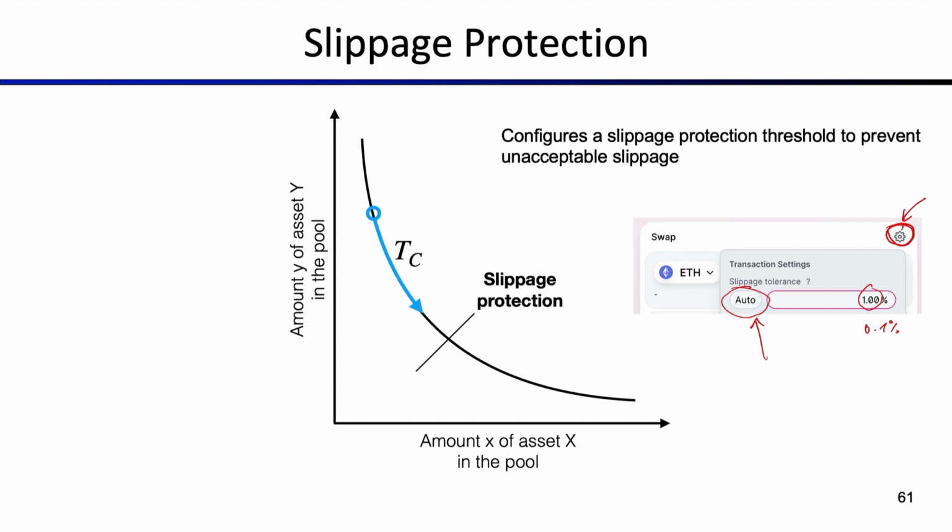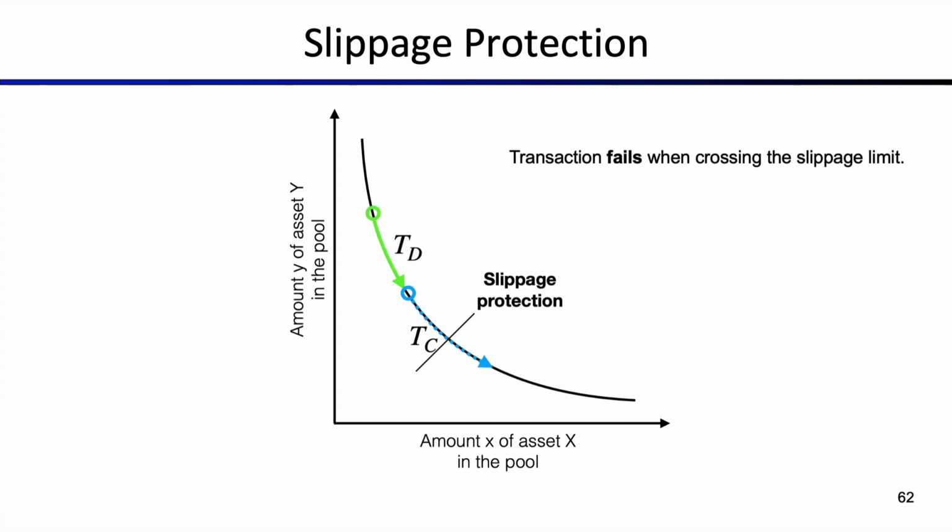I would much rather prefer this to be a static and smaller number, but it's true that if this number is too small, then given a volatile market, it could happen that your transaction keeps failing because the price just changed inherently in the market. Hence, you do need some slack in the slippage setting.